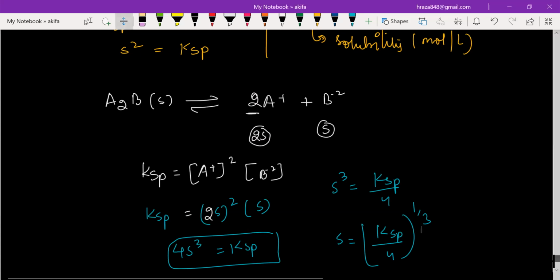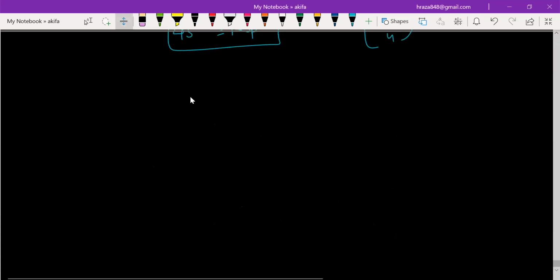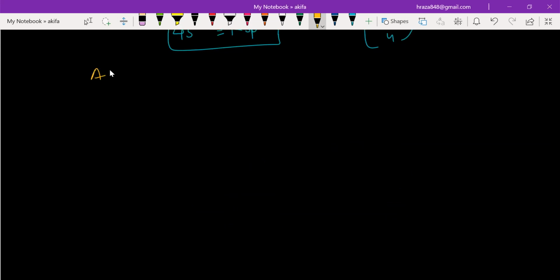Okay, write the relation between KSP and solubility S for this reaction, AB3. Can you write it? Yes. Okay.